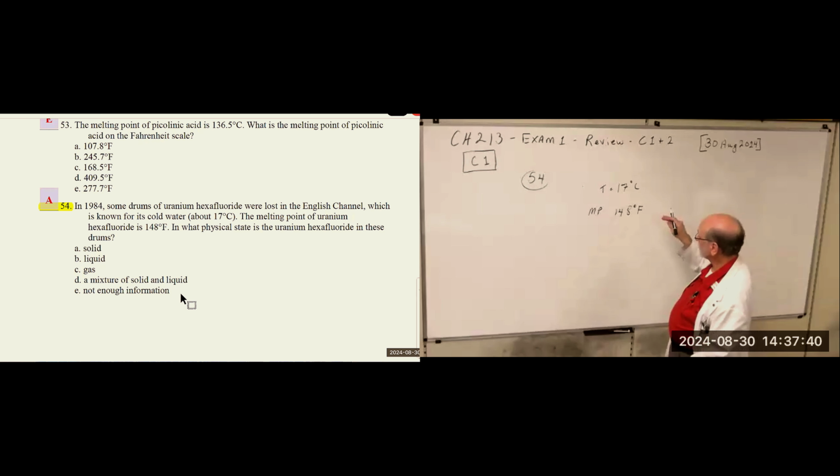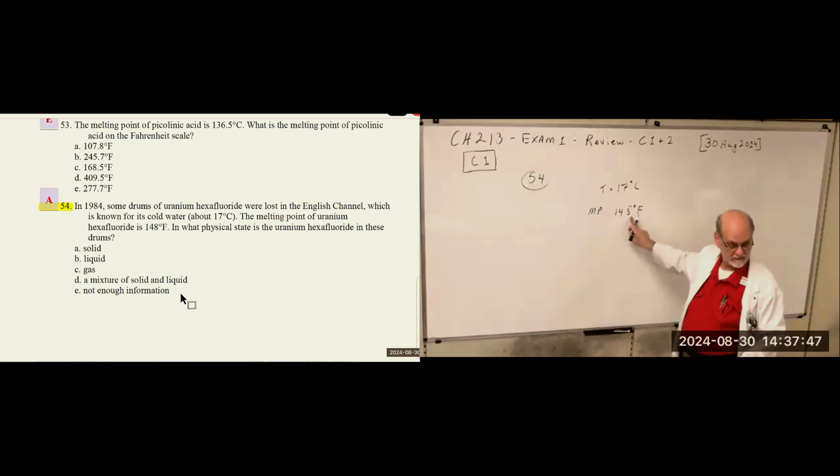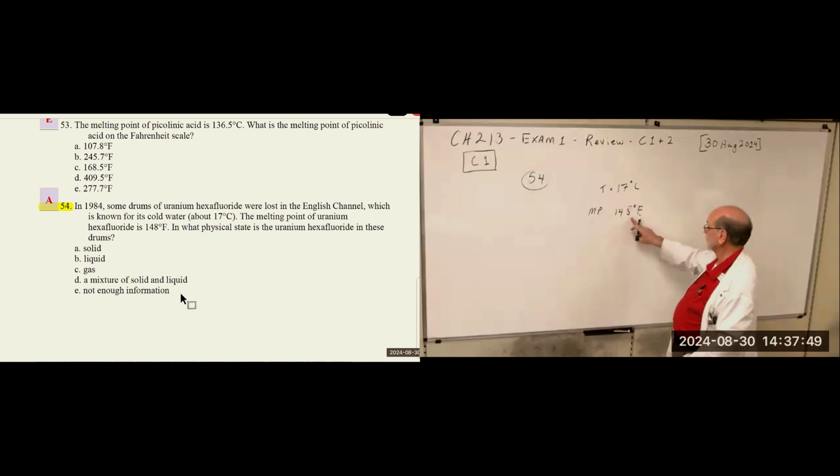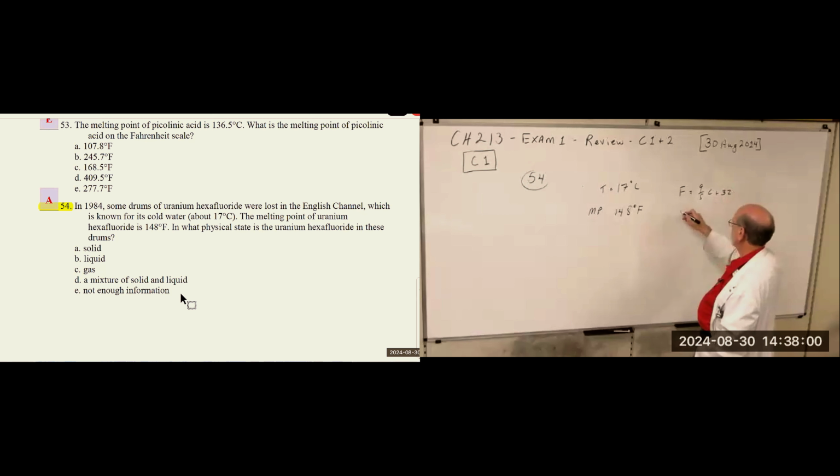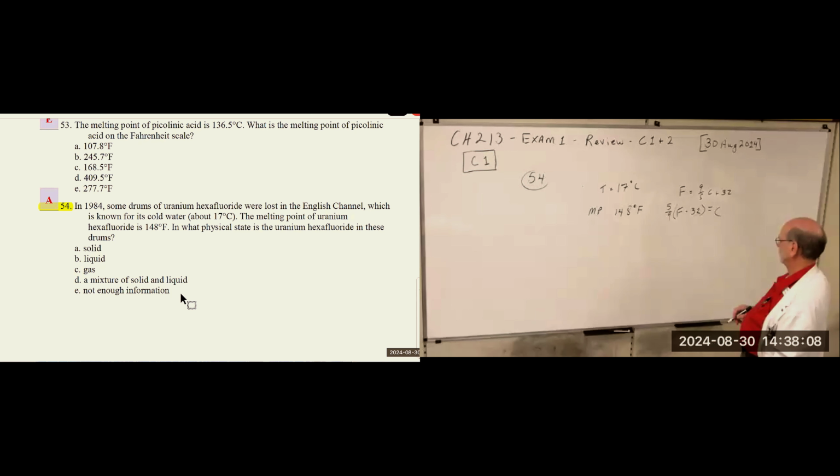So what we have to do is say, is that temperature greater than this value? Right, to see if it melts. So if we say F equals 9/5 C plus 32, that means F minus 32 times 5/9 equals C. Or we could do this one.